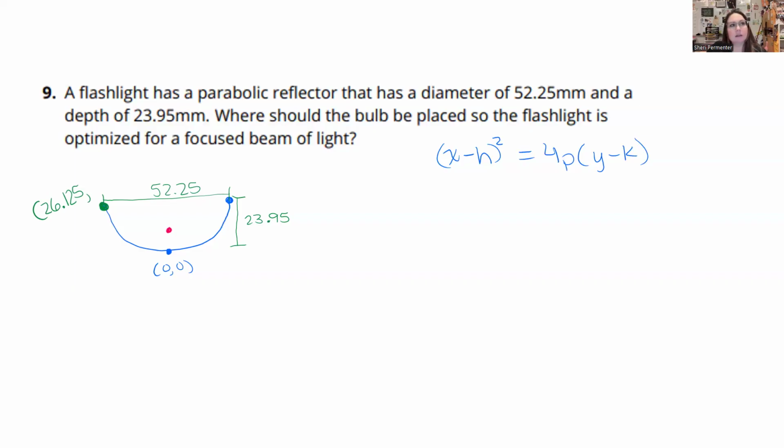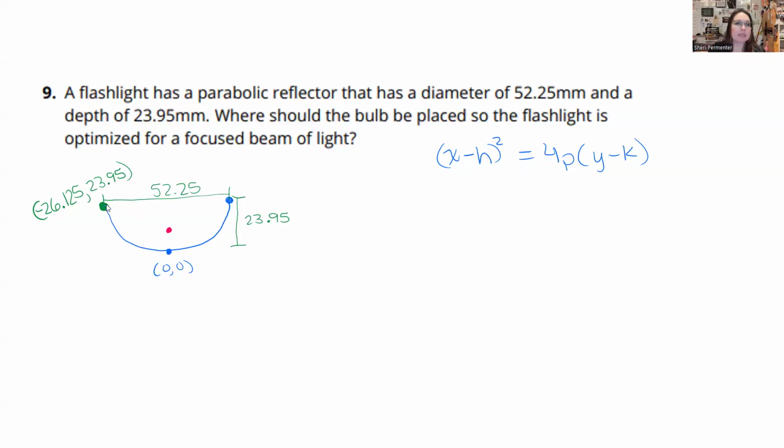And then actually it would be negative because I'm going in a negative direction. And then 23.95. I made it negative because if I call this 0, 0, I would be going in a negative direction and then a positive direction.